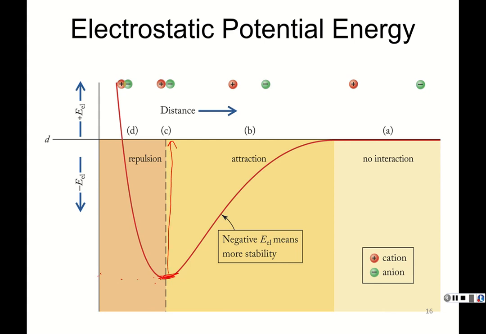You have to supply this much energy to be able to break that bond, okay? So it's an endothermic process. And conversely, to form a bond, you actually give off energy. So that would be the opposite, an exothermic process.